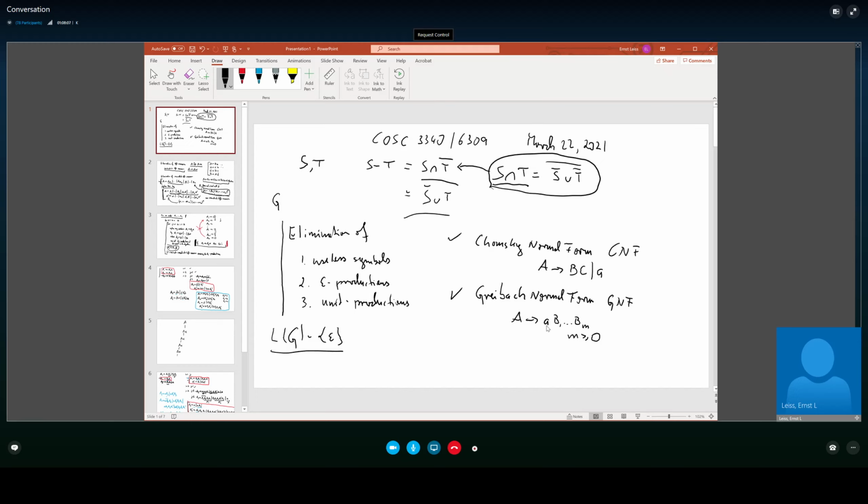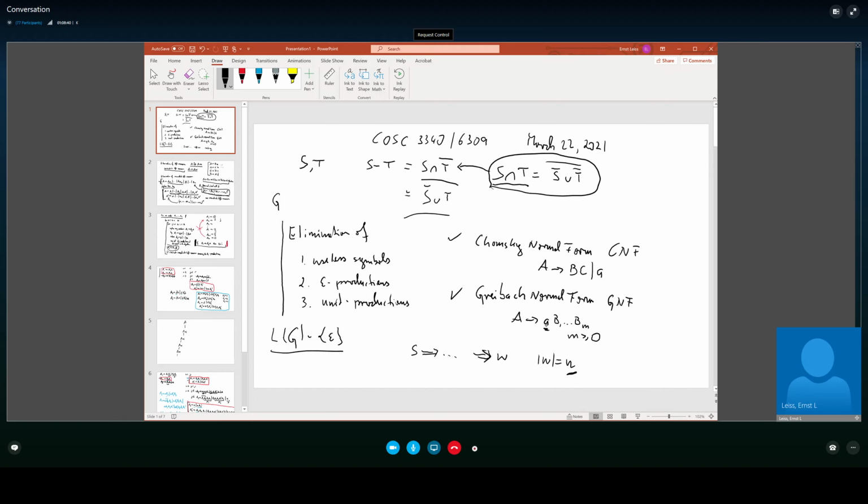So, in other words, if you have a Greibach normal form derivation and you derive a word of length n, then there are exactly n derivation steps, because in each step you're going to generate a terminal.